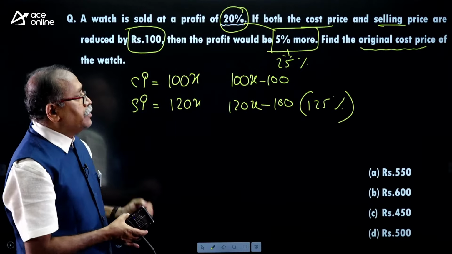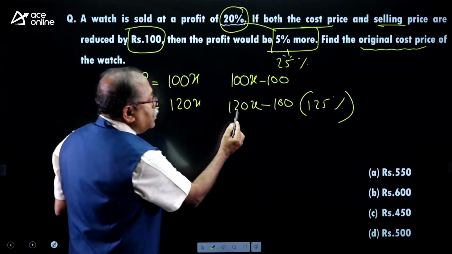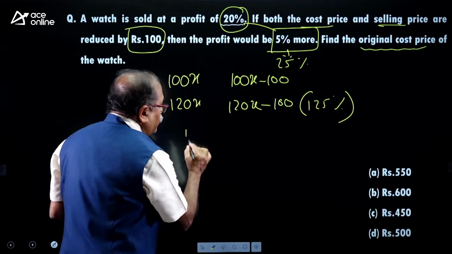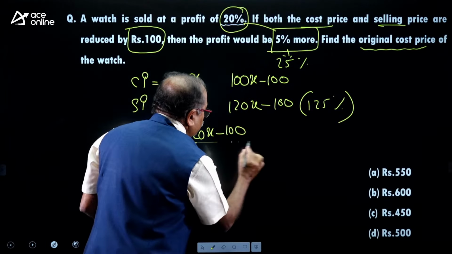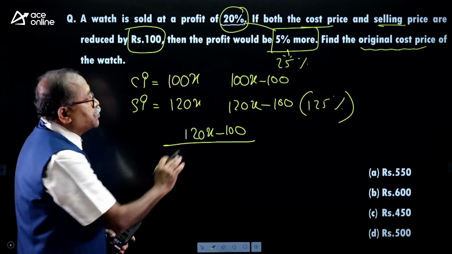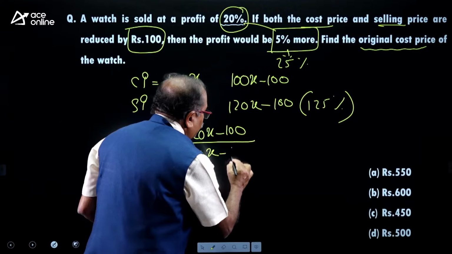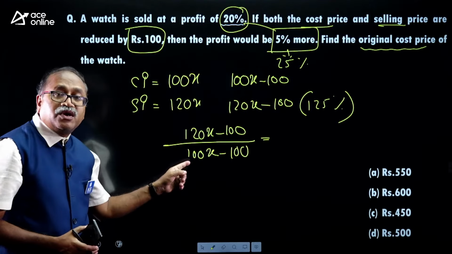So, okay, allow me to do it now. Here, 120x minus 100, selling price by cost price, that is 100x minus 100, is equal to how much? Selling price by cost price.